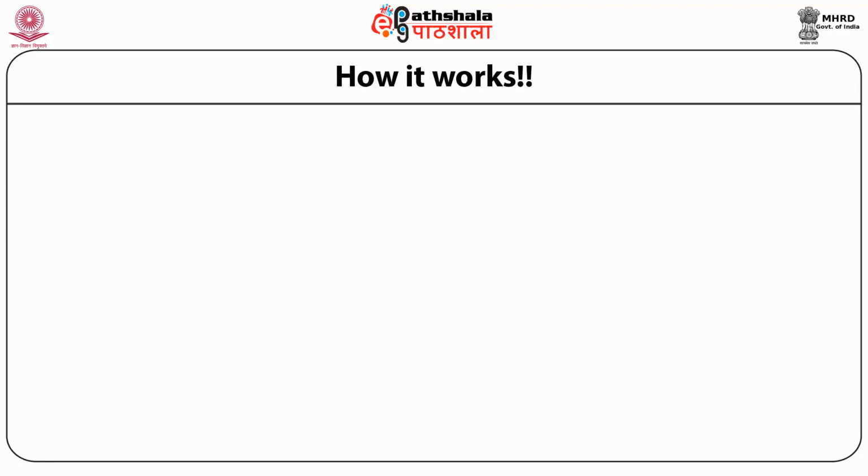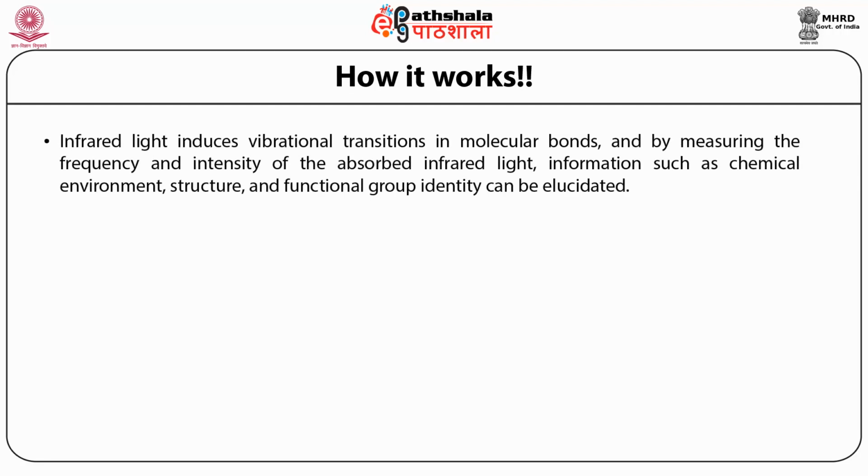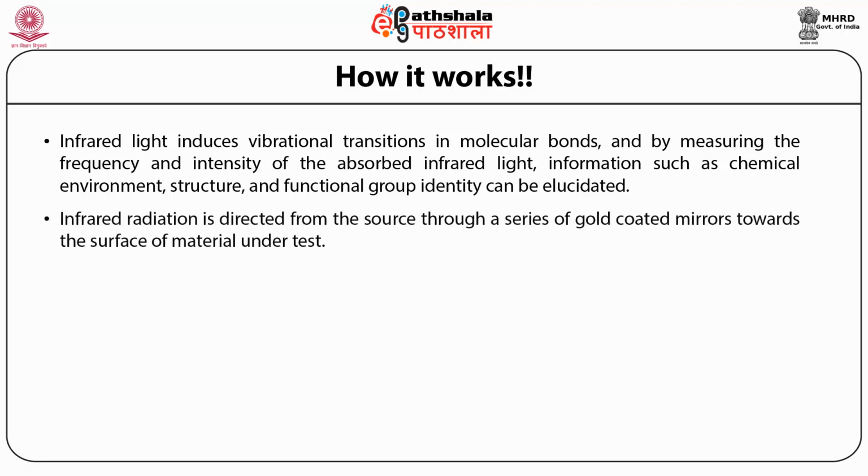Now let us talk about how it works. Infrared light induces vibrational transitions in molecular bonds, and by measuring the frequency and intensity of the absorbed infrared light, information such as chemical environment, structure, and functional group identity can be elucidated very properly. Infrared radiation is directed from the source through a series of gold-coated mirrors towards the surface of the material under test.